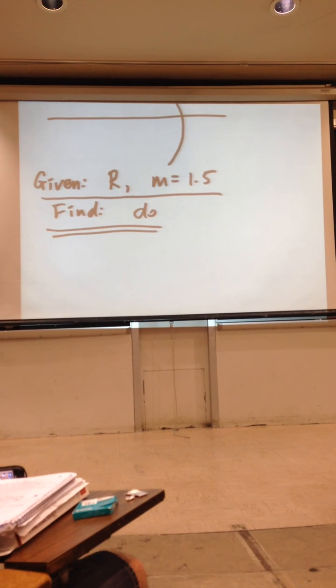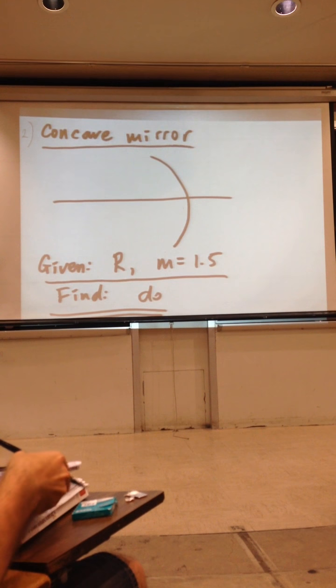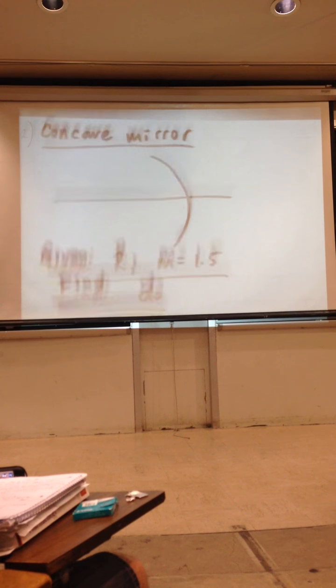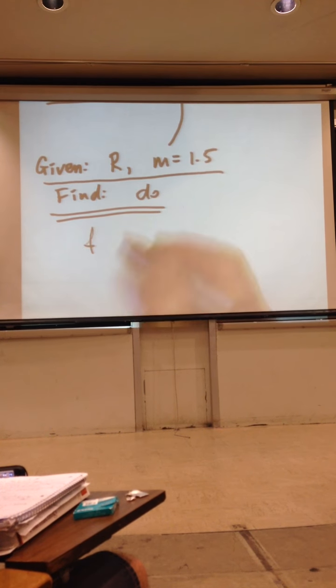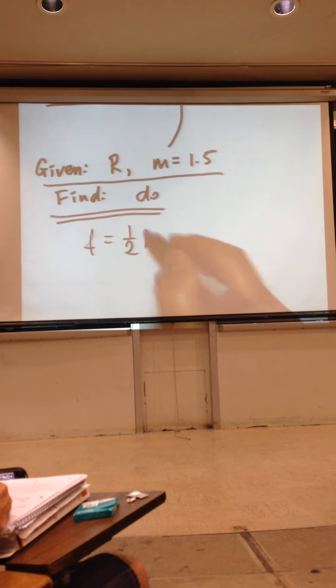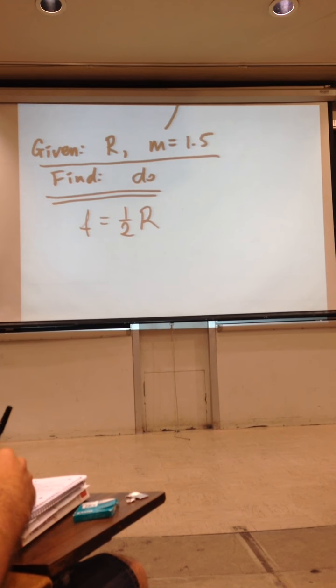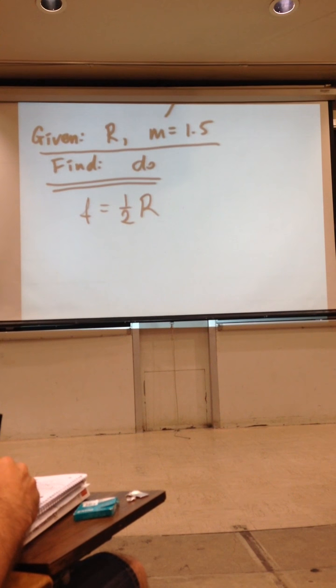Focal length is R/2. For a concave mirror, is the focal length positive or negative? Find it, because in the formulas we have focal length, we don't have the radius. Determine the focal length, and then find the object distance.